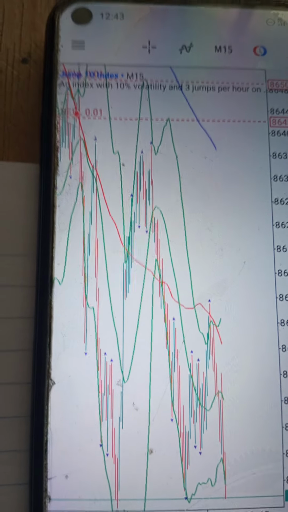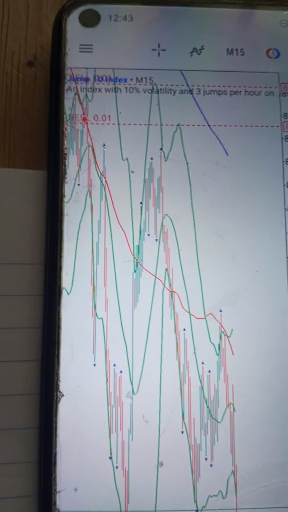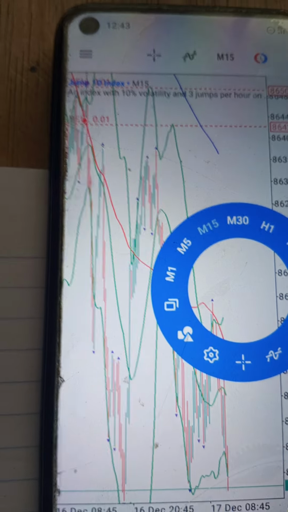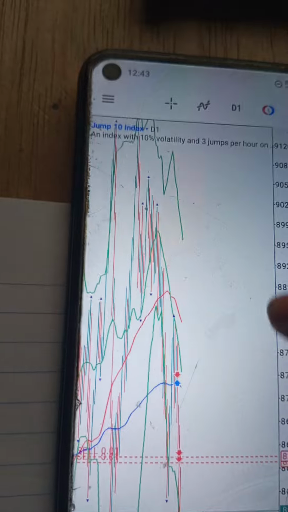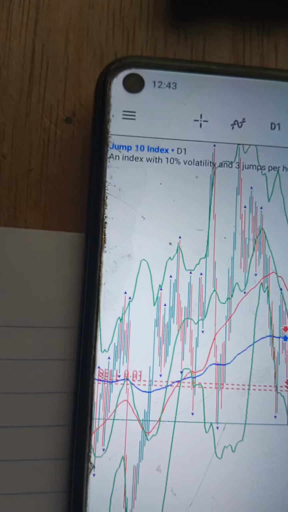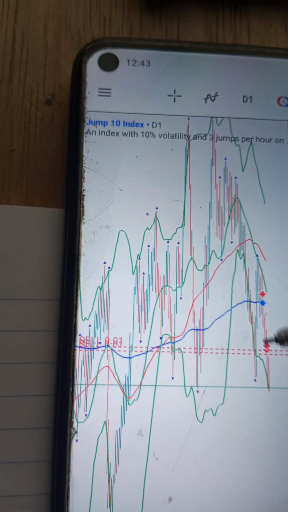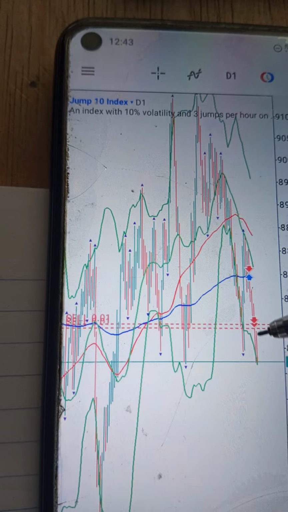So, guys, I am leaving this trade any moment from now. But I have told you the reason I trade with the upper and lower Bollinger Band on our daily time frame. Upper here is for buy, while lower here is for sell, as long as it's not touching it.